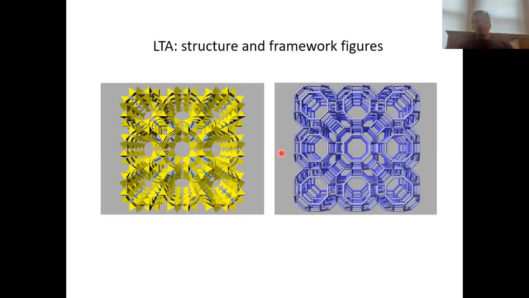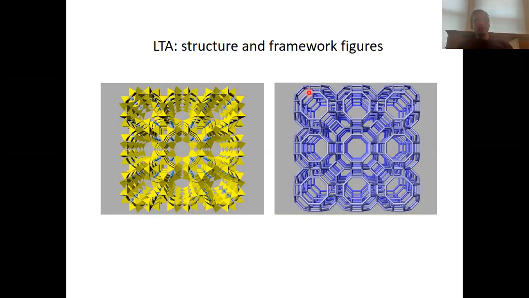You can represent the structure differently. In the most simple case, you can just indicate the silicon tetrahedral centers and connect them with lines. That usually provides the greatest clarity, but you should also keep in mind that each point here actually just represents the center of a tetrahedron.